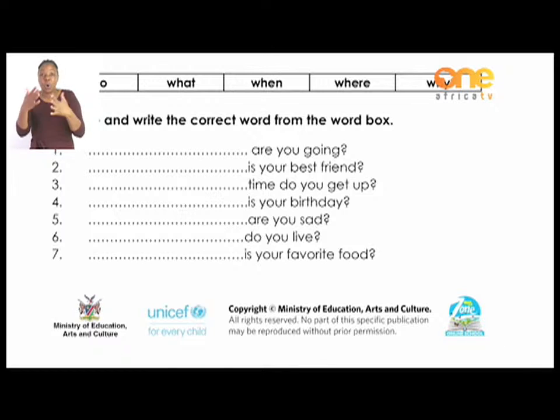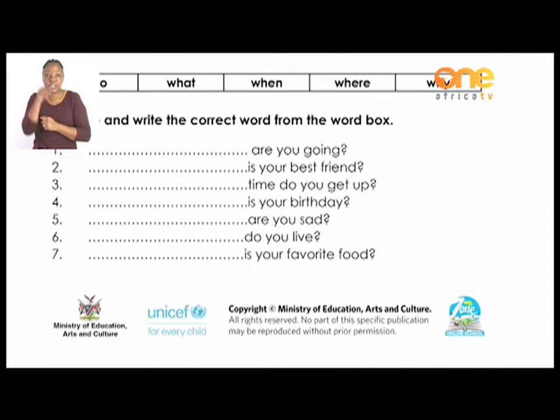Remember, from our table, we saw that who, what, when, where, and why have the correct ways of being used. So here, I would say the answer is what, because we are asking for information. So our answer and full sentence will be, what are you doing?